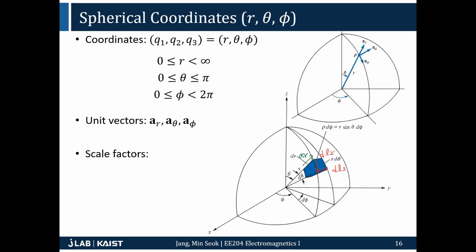And dl2 is just r multiplied by d theta.